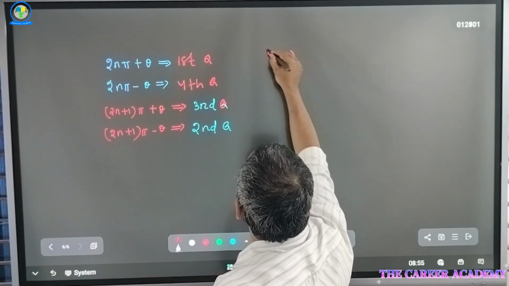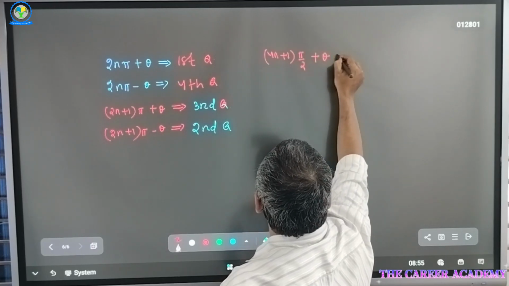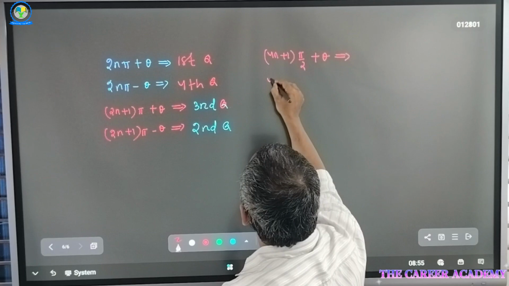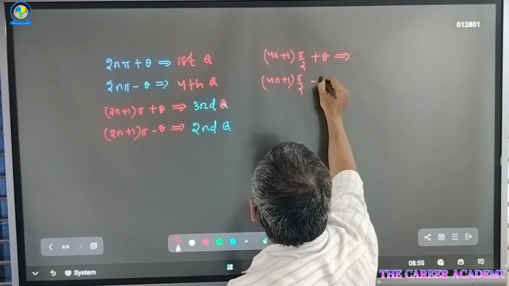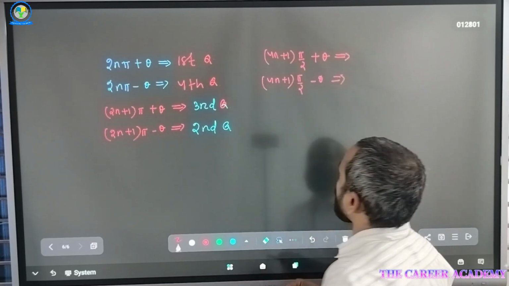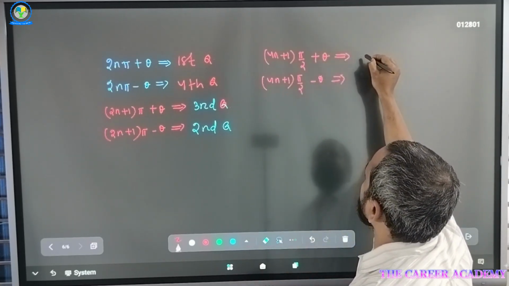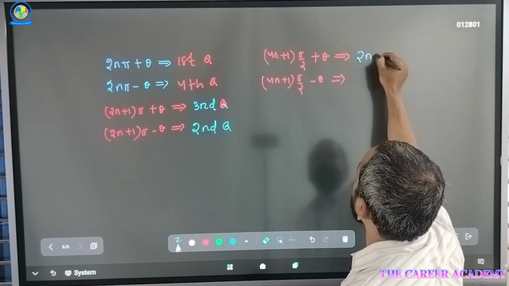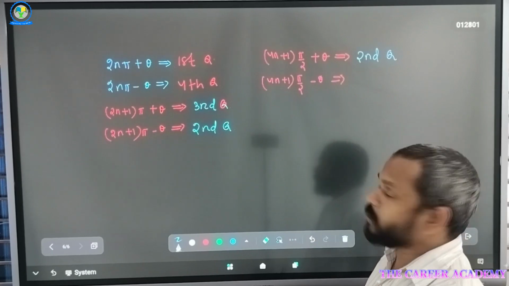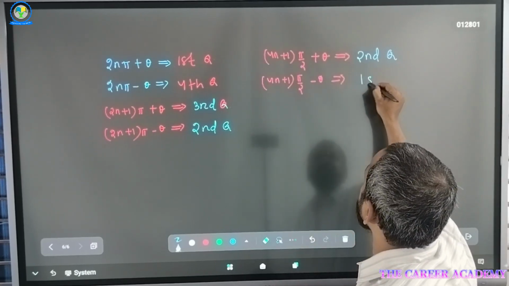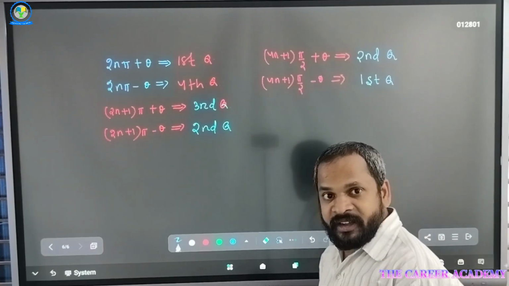Now if it is 4n plus 1 pi by 2 plus theta or 4n plus 1 pi by 2 minus theta, what is it? 4n plus 1 pi by 2 plus theta behaves as second quadrant. 4n plus 1 pi by 2 minus theta behaves as first quadrant. Clear?